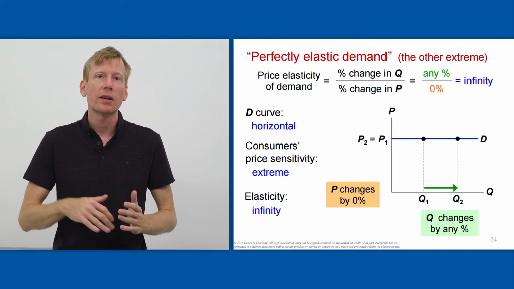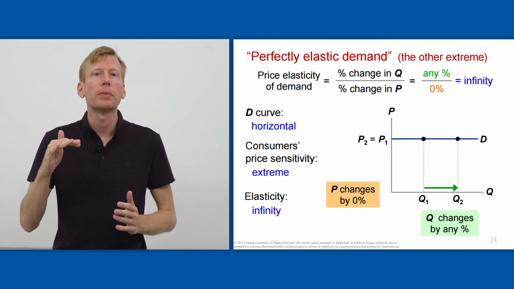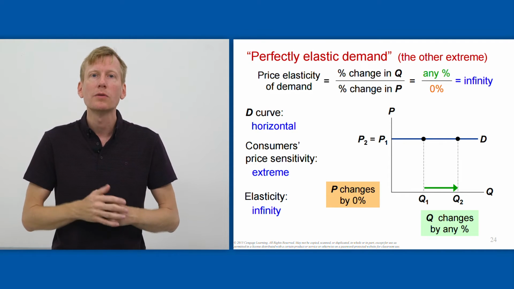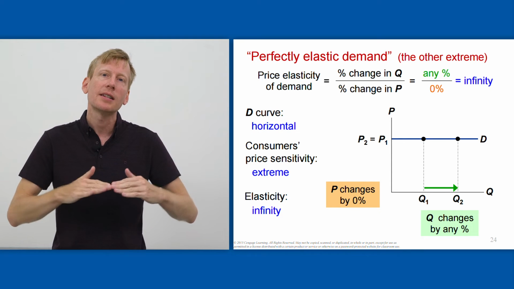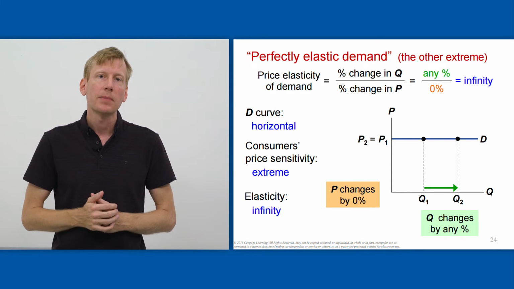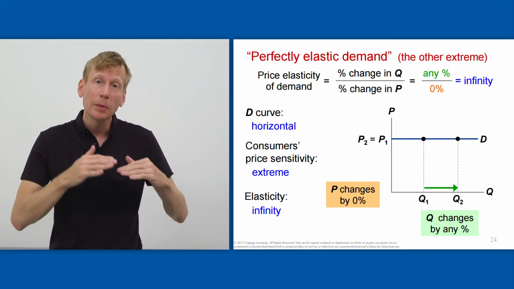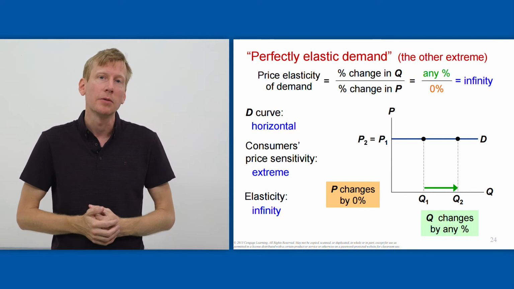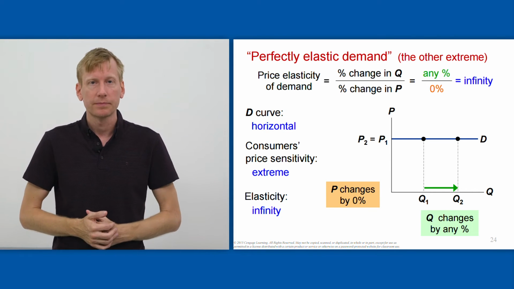If the price they charge were to go just a little bit above the market price, the quantity demanded would immediately fall to zero. Everyone would choose to buy someone else's tomatoes instead of their expensive tomatoes. And if they were to lower their price just a little bit below the market price, everyone would rush to buy their tomatoes until they're sold out.